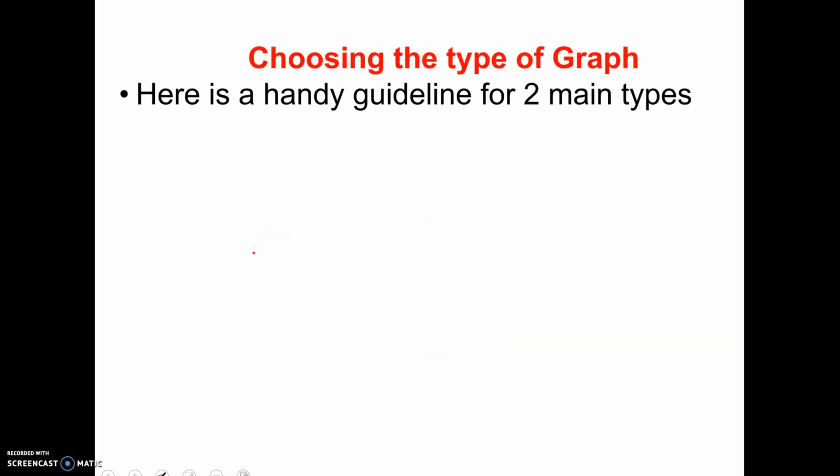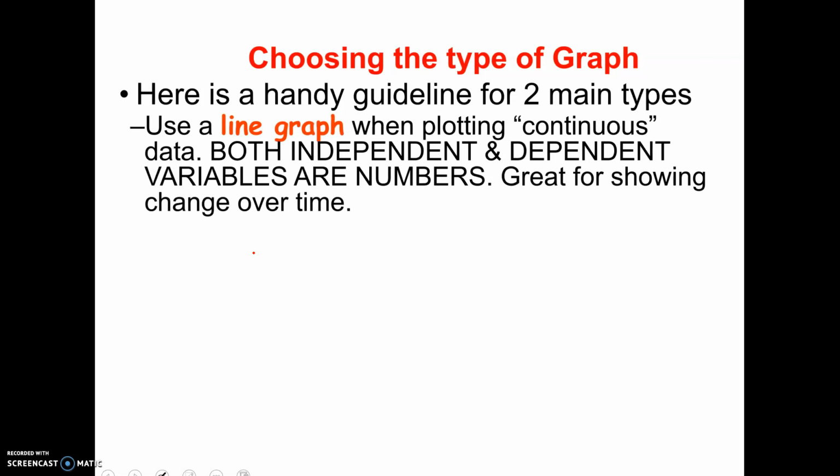So let's talk about graphing in our class. There are many, many kinds of graphs, but there are two main ones that we would be using in here. The first one is a line graph. A line graph is specifically used when you're plotting what we would call continuous data. What you want to look for here is that in your experiment, your independent variable and your dependent variable, remember, your independent is the thing that you are changing.